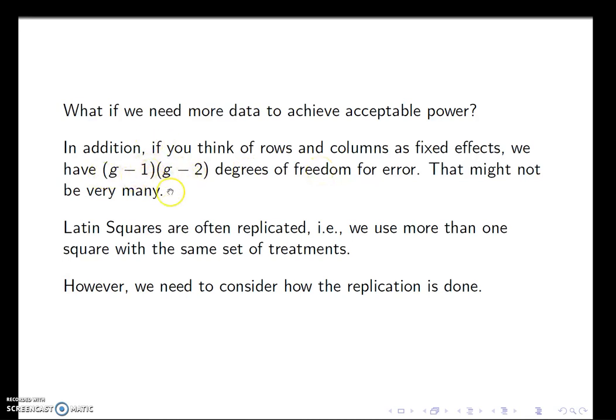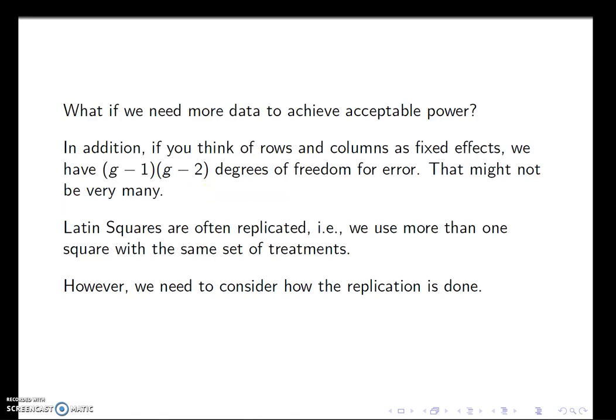Once one level gets taken away, we then have 2 levels that are accounted for entirely in the other. That's not a lot of degrees of freedom for error. Imagine if G is 4, then we've got 3 times 2, 6. I did my math wrong there, didn't I? 3 times 2 would be 6. This is not a lot of degrees of freedom for error.